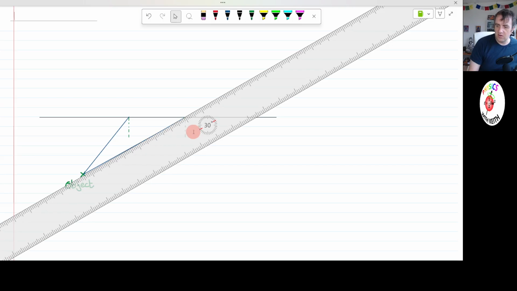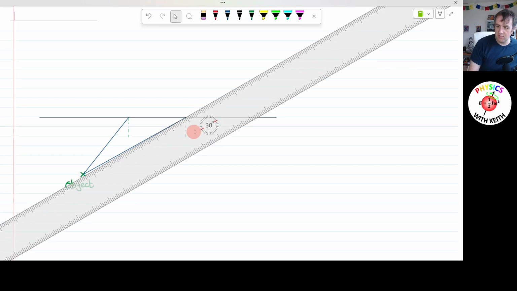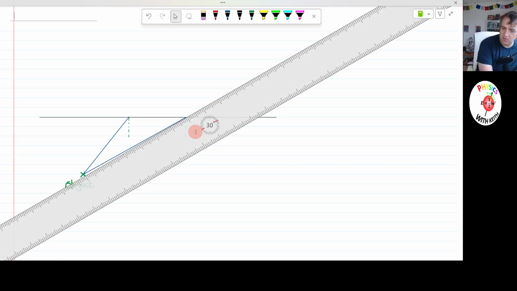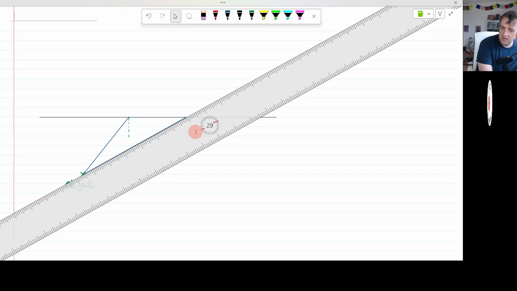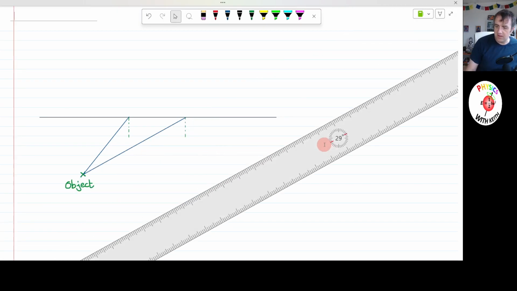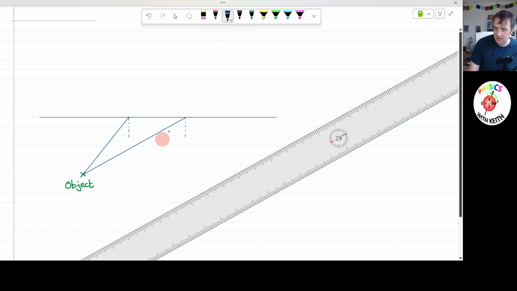It's basically 61 degrees, although I can't have half degrees on this particular protractor. 61 plus 29 is 90, so that works out. So that angle there is 61 degrees. I could even label it 61 degrees, measured with my protractor, which is built into my ruler.